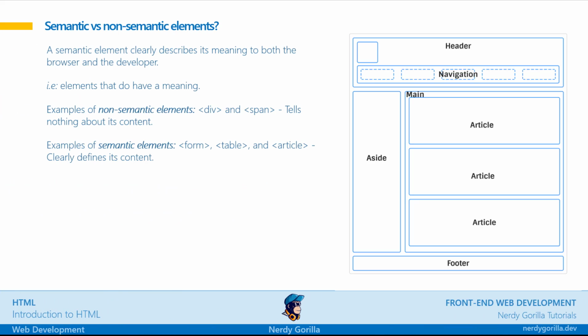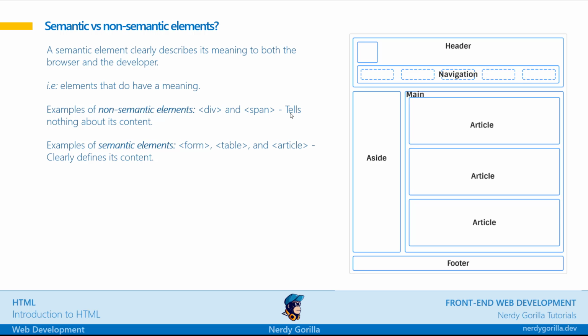Next, we'll talk about semantic and non-semantic elements. A semantic element clearly describes its meaning to both the browser and the developer. That's to say, elements that do have a meaning and form a structure. Examples of non-semantic elements are div and span.